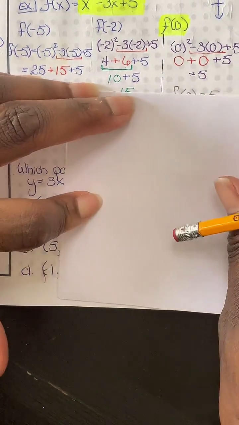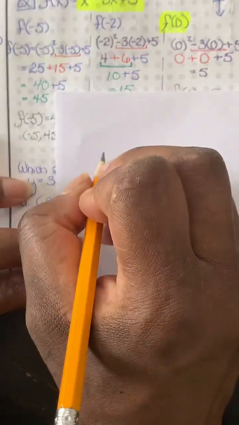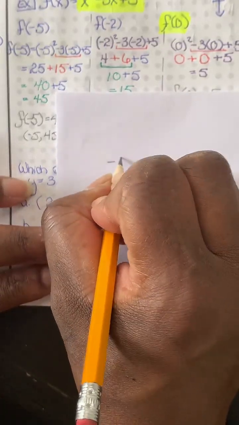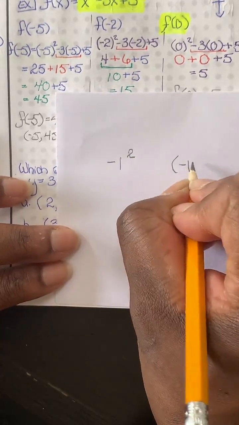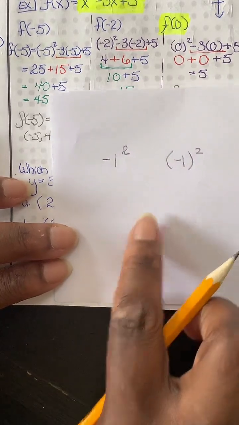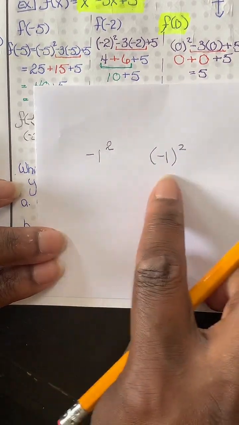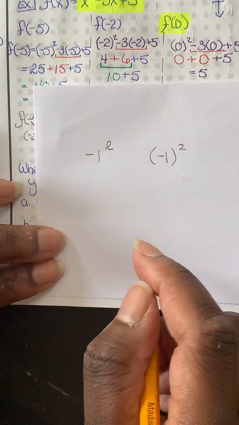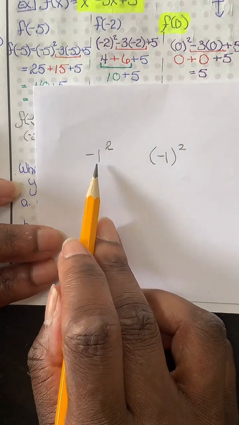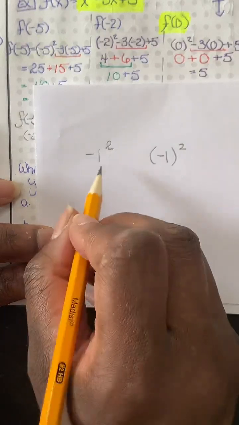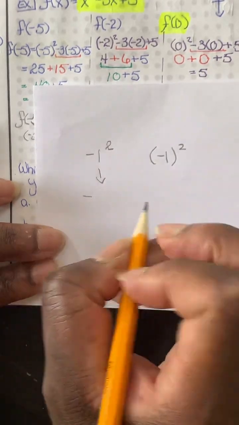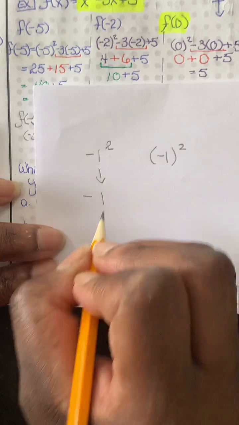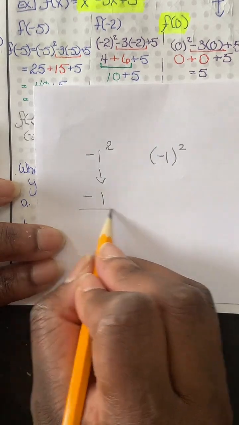Because if I said negative squared compared to negative 1 squared, if you try to put this in your calculator, or we can just simply do it, if you don't use parentheses, the calculator will read it like this. There's a negative, and then we're going to square the 1, and it gives me an answer of negative 1.